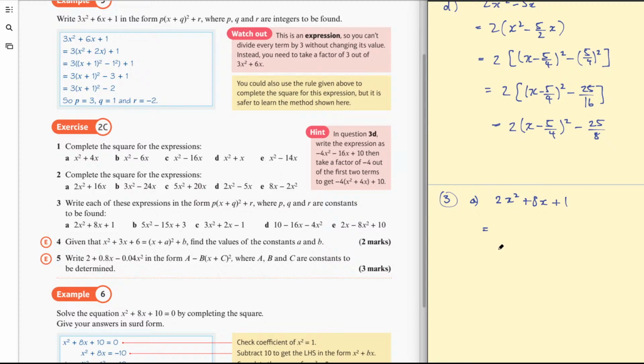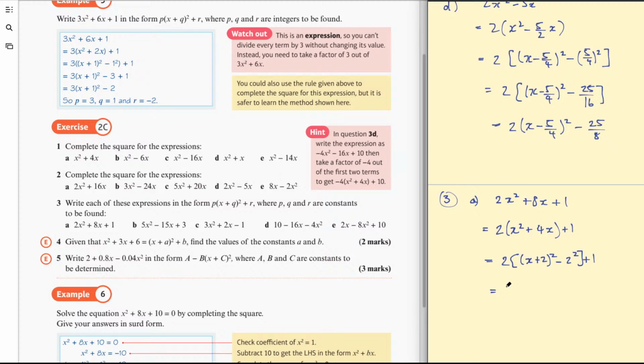Complete the square on the first 2 terms. So firstly factorize 2. This will give us 2 multiplied by x squared plus 4x plus 1, and then complete the square on that expression in the bracket. So this will be 2 times x plus 2 all squared, take 2 squared, plus 1 on the end.